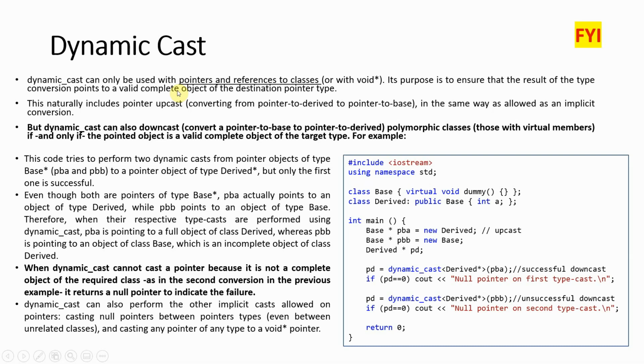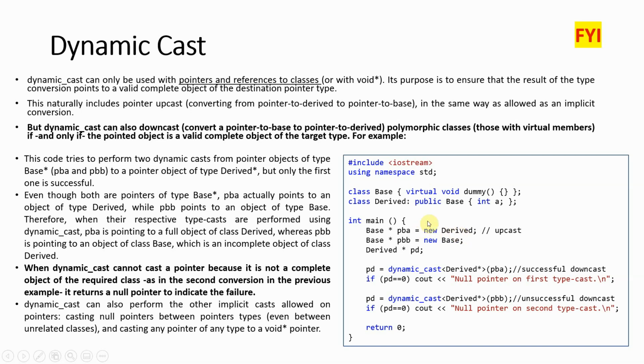This one is almost an advanced topic, so I am just going to mention it very briefly. Let's say that we have a base class and we have a derived class derived from it. You remember that a base pointer can point to a derived object. That's okay, right?